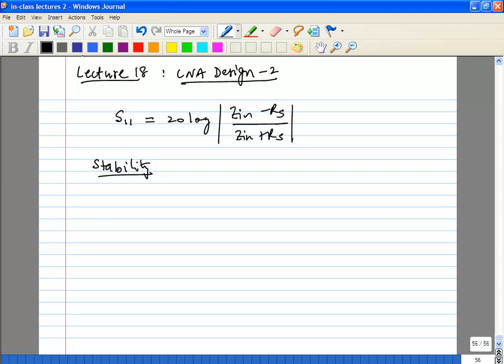Now, in the present LNA project announcement, what I have done is I have asked you to match both the input and the output. Now that would be the case for a discrete LNA, where your LNA is a separate block by itself and you have to do 50 ohm matching everywhere. Or the other option is, remember we looked at the output of the LNA, you might require some kind of filtering, and usually such filtering would be an off chip filter. If that is the case, you again have to do 50 ohm matching.